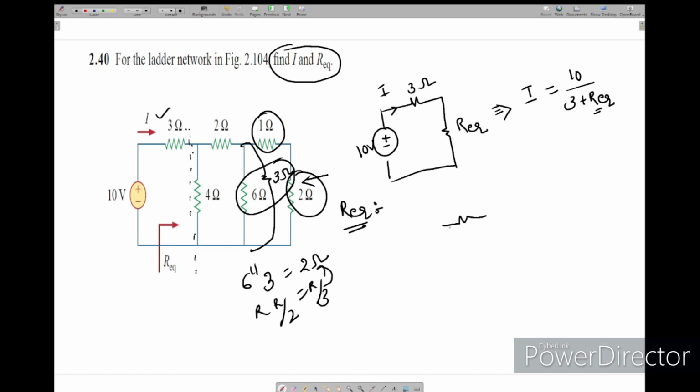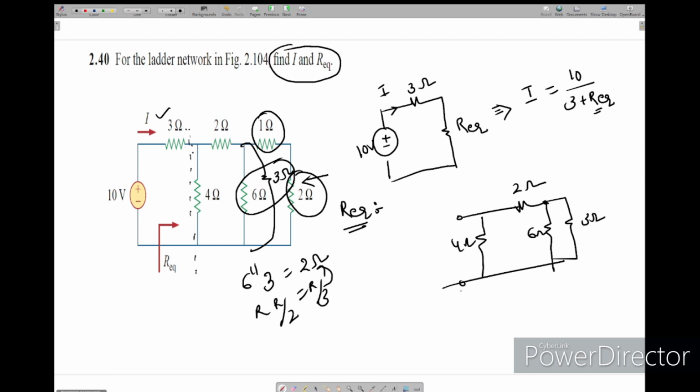So if you see, this is 4 ohms, 2 ohms. This is 3, 6, 2. Here we are finding R equivalent.